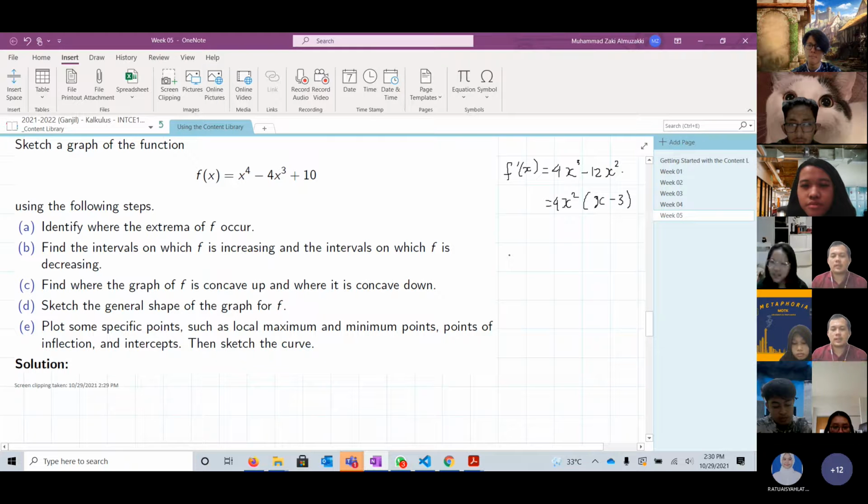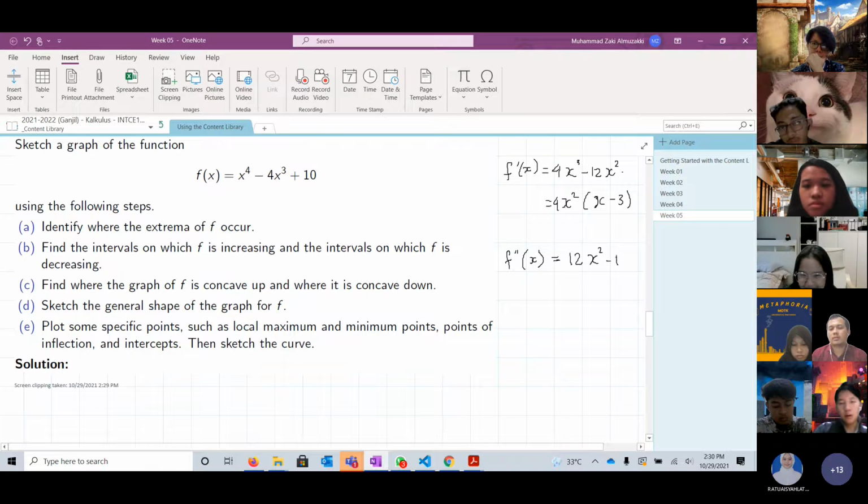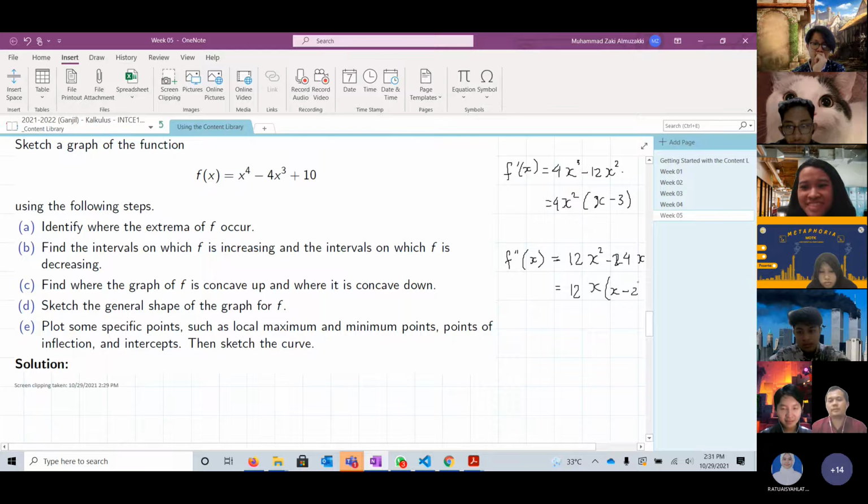And then the second derivative is 12x squared minus 24x, or we can write it like this: 12x times x minus 2.